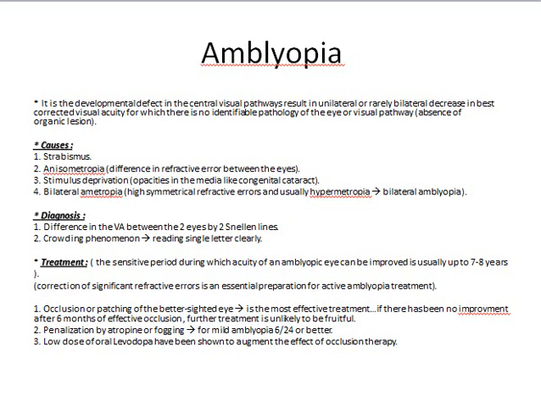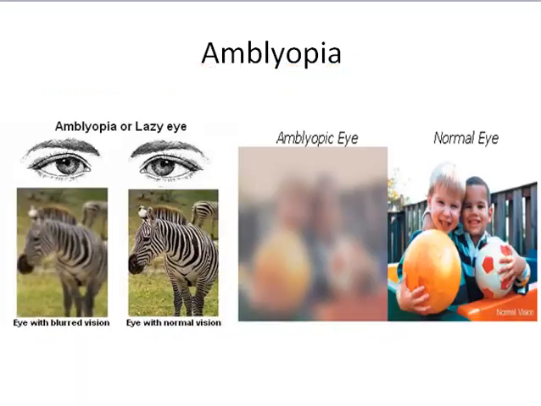The second line of treatment for patients with amblyopia is penalization, either by atropine drops or fogging glasses, which can be used for mild types of amblyopia, which means visual acuity 6/24 or better. Also, low dose oral levodopa has been shown to augment the effect of occlusion therapy.